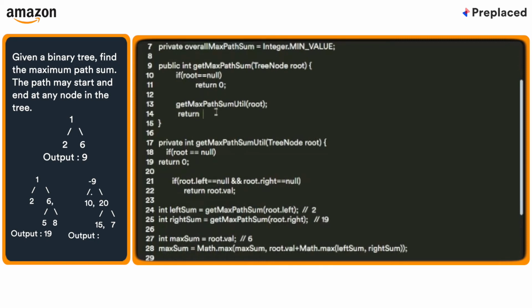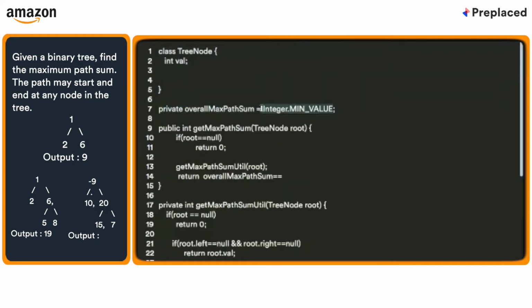When I call this, it can still be possible that the overall max sum is still Integer.MIN_VALUE, and in that case return 0, otherwise return the overall max path sum.